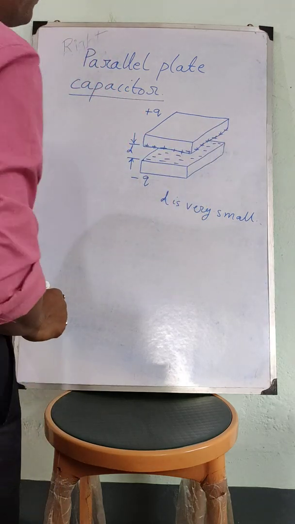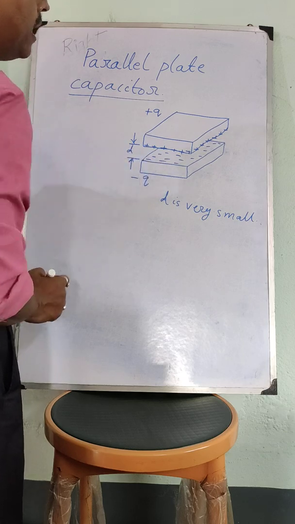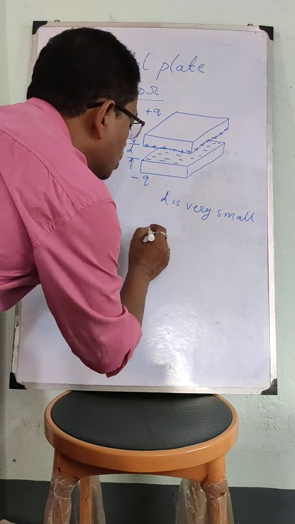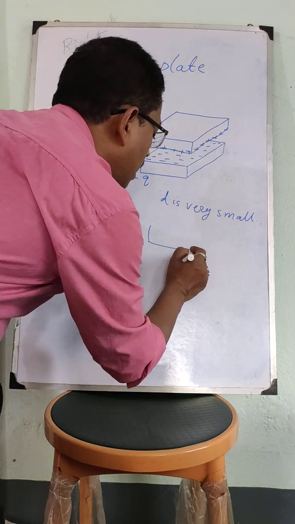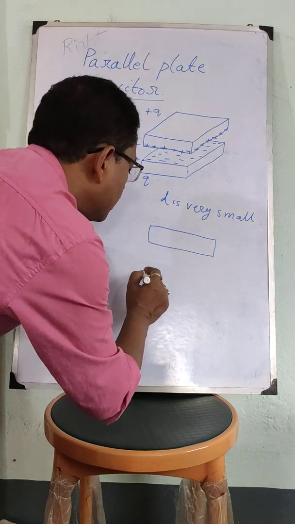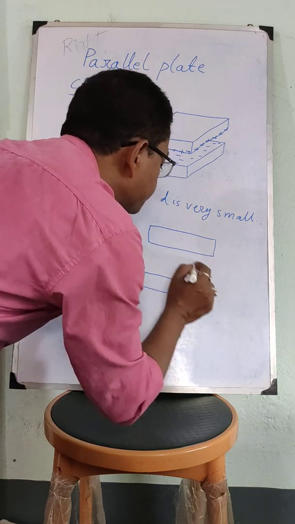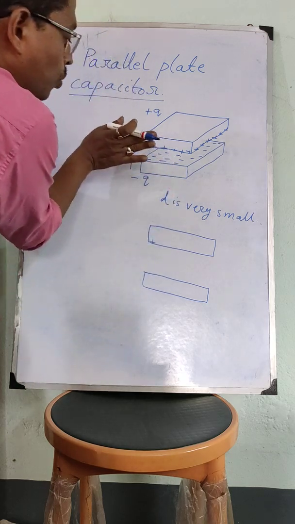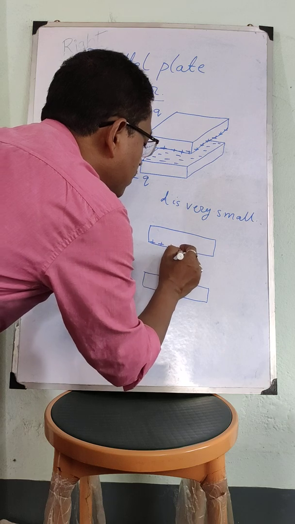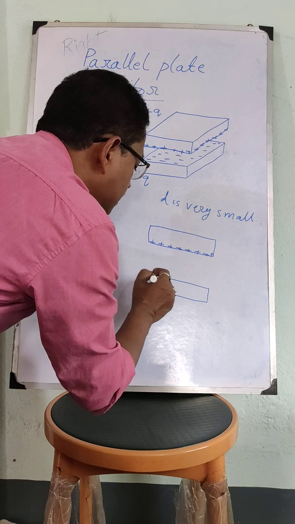Okay. So now what will be the electric field between the two regions? If you see from the front, this is suppose the upper plate and this is suppose the lower plate. Now here I am looking from the front side. So here I have plus Q charges and here I have the negative charges.